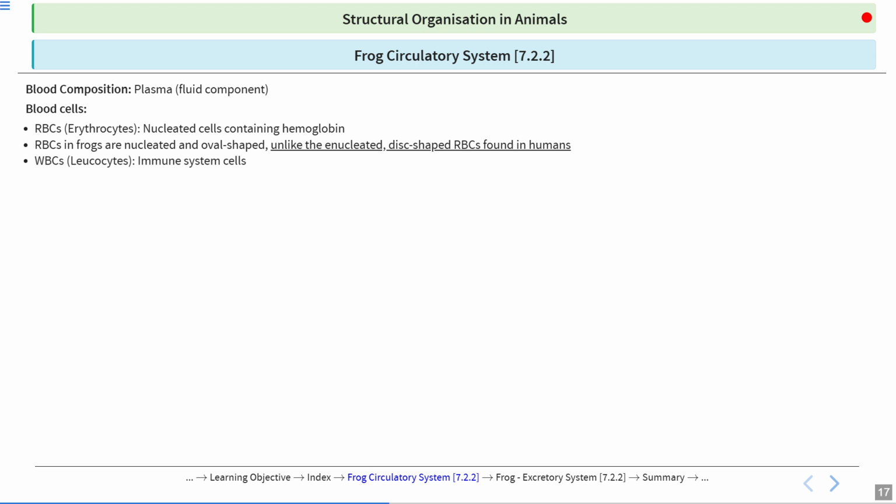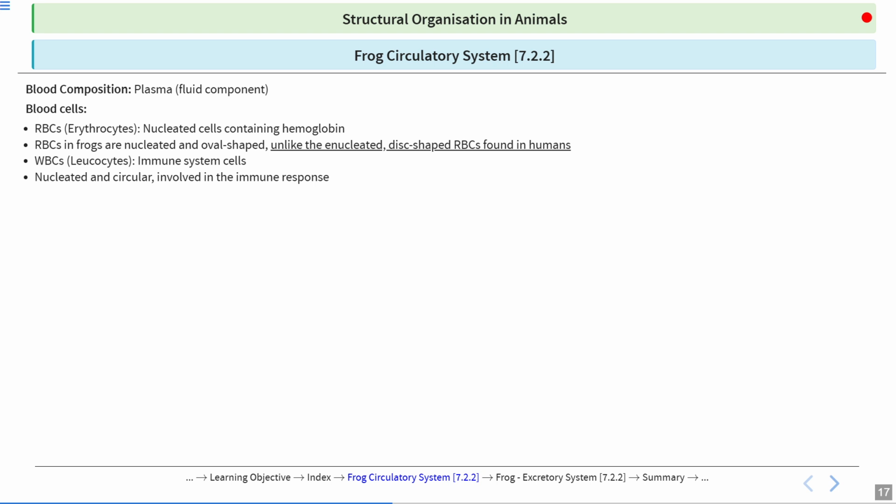WBC. This is called leukocyte, and they help in the immune response, right? So they are the immune system cells. They are nucleated and circular.